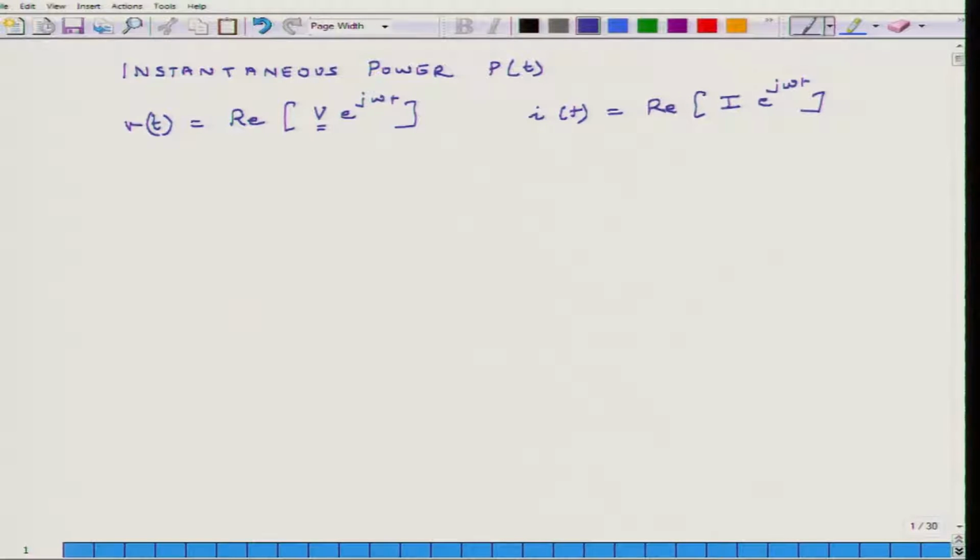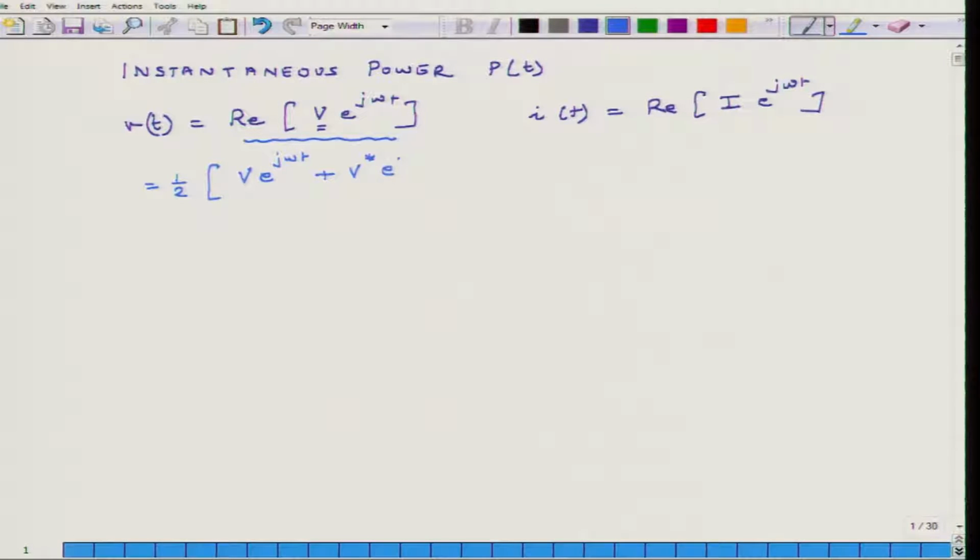Now, we know that this term can also be written as half of V e^(j omega t) and its complex conjugate, which is V star, and the complex conjugate of e^(j omega t) is e^(minus j omega t).